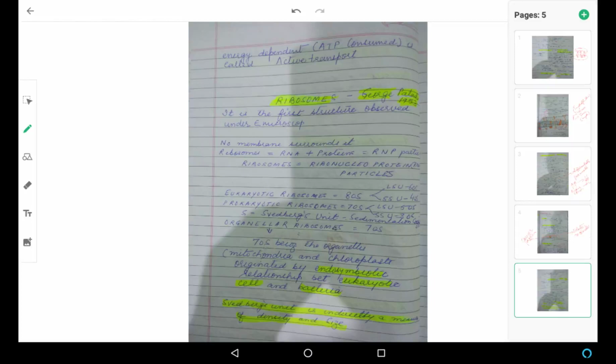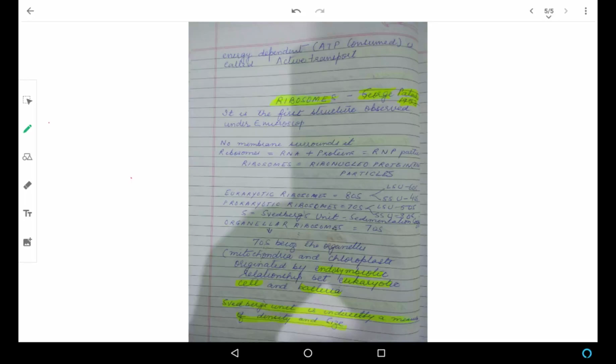No membrane surrounds it. If you remember the nucleus, you find some darkly stained areas which you refer to as the nucleolus. This nucleolus is nothing but the site of rDNA which gets transcribed to rRNA, and it gets associated with some proteins and forms granules called ribonucleoprotein particles. How are ribosomes formed?